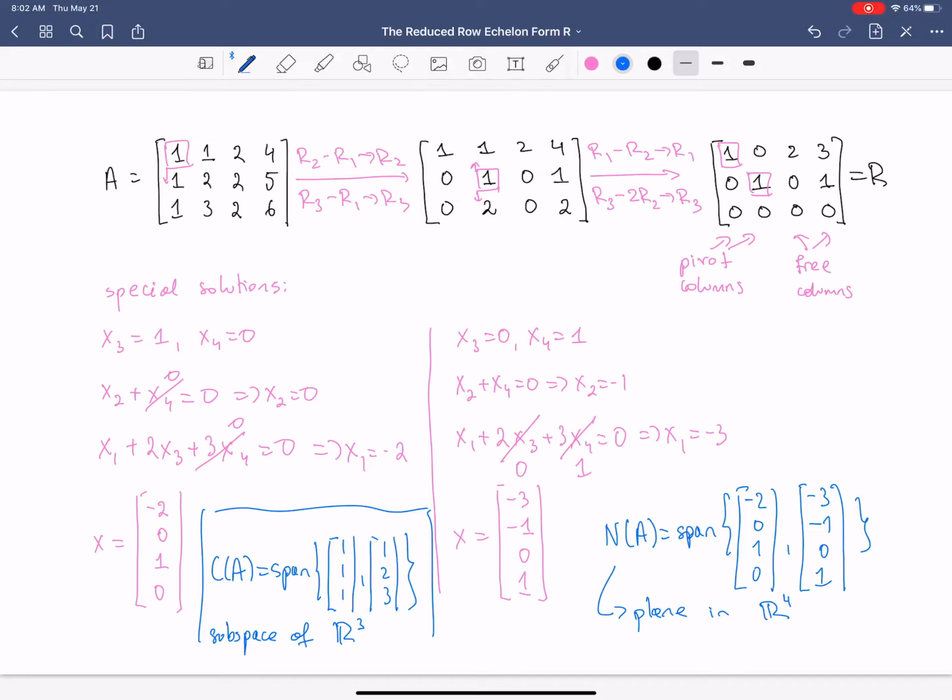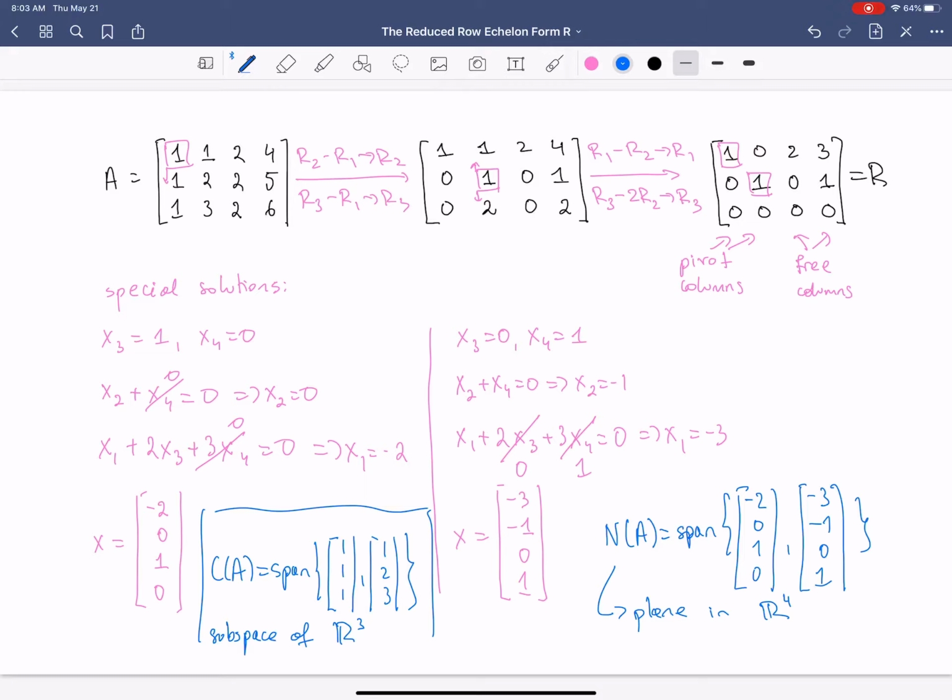So if you count how many vectors you need to describe the column space of A and how many vectors you need to describe the null space of A, they will always add up to the number of columns of A, even though these spaces actually are subspaces in different spaces. So one is a subspace of R3, the other one is a subspace of R4. Only in the case of square matrices, both of those will be subspaces in the same Rn space.